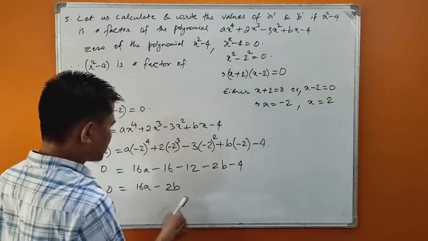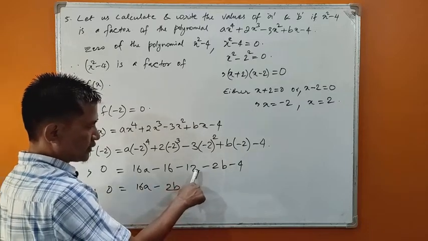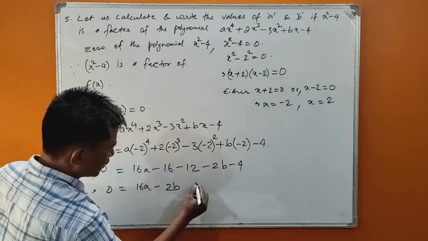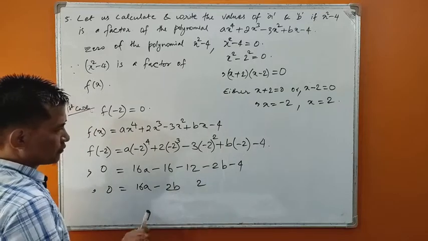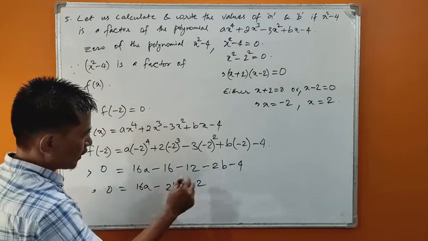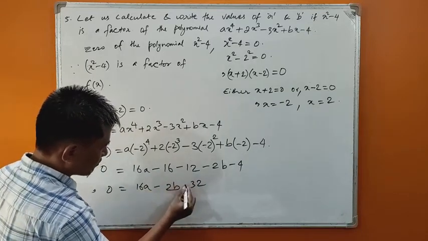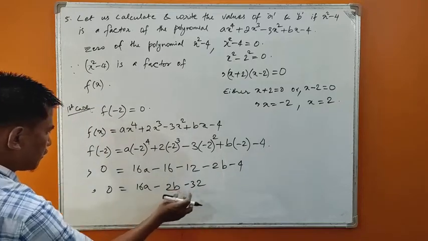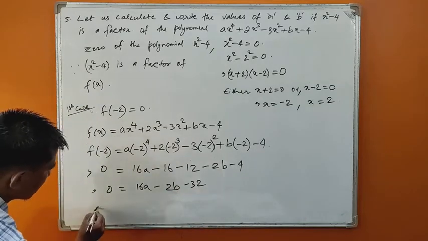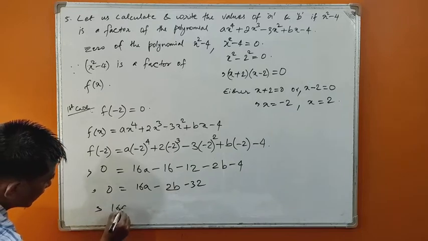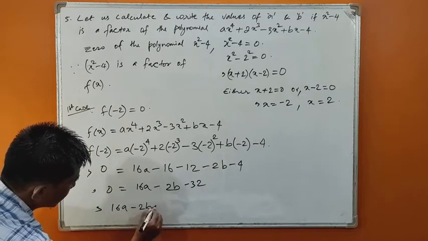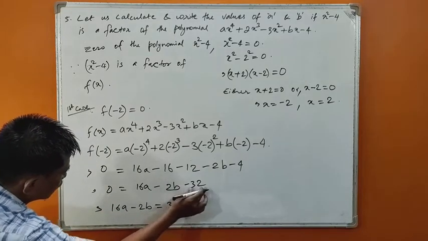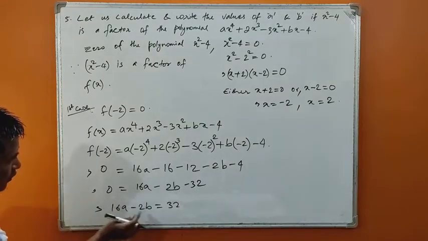All are negative, so let's add up: 6 plus 2 is 8, 8 plus 4 is 12, 12 plus 16 is 32, so minus 32. Now let's bring this minus 32 to this side: 16a minus 2b equals 32. Minus 32, when brought to the left hand side, becomes plus 32.